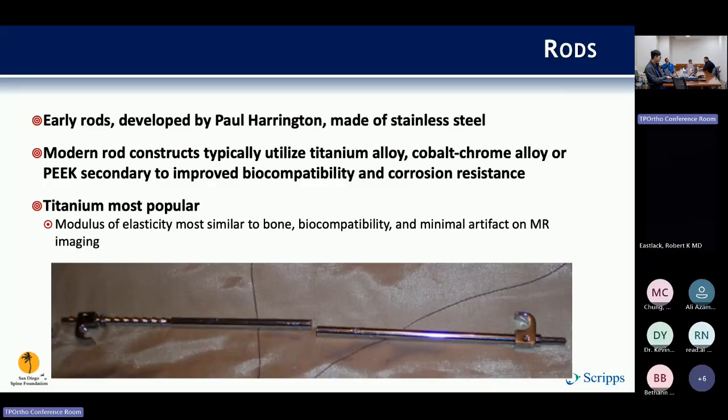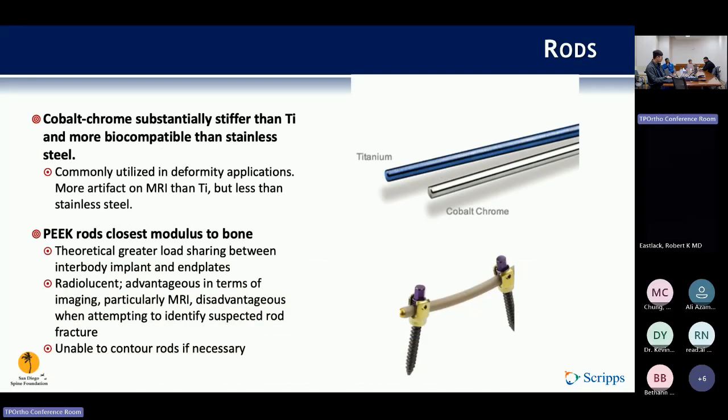Titanium is widely favored, with cobalt chrome used where you need further rigidity and for correcting deformities. PEEK rods are less commonly used due to the inability to contour.